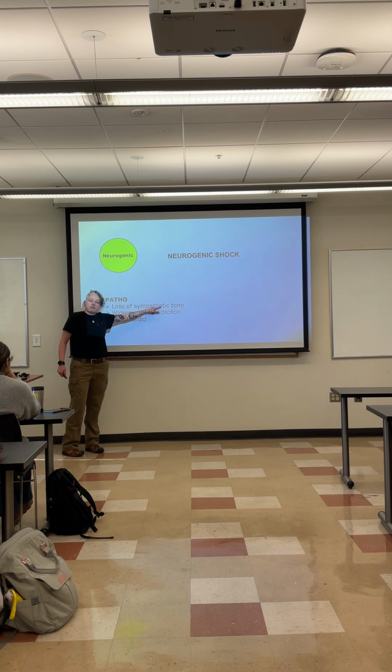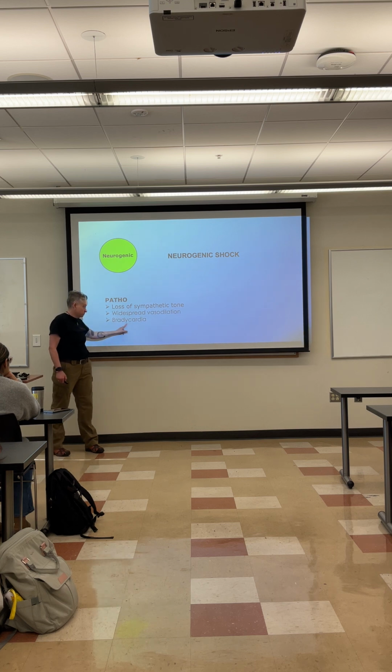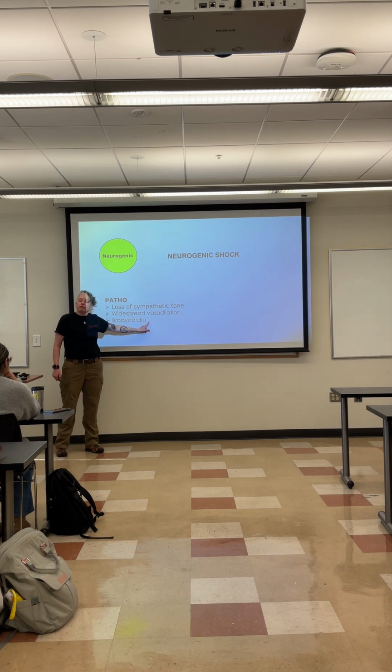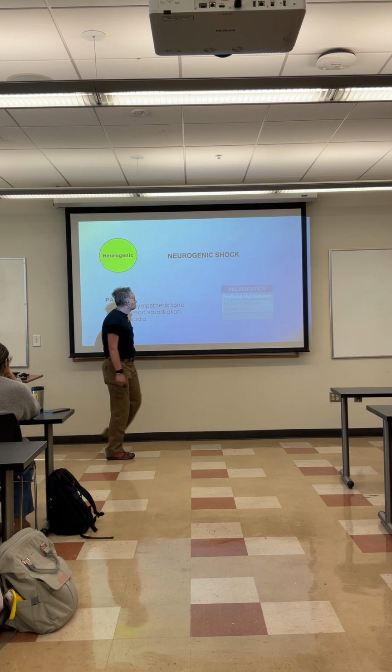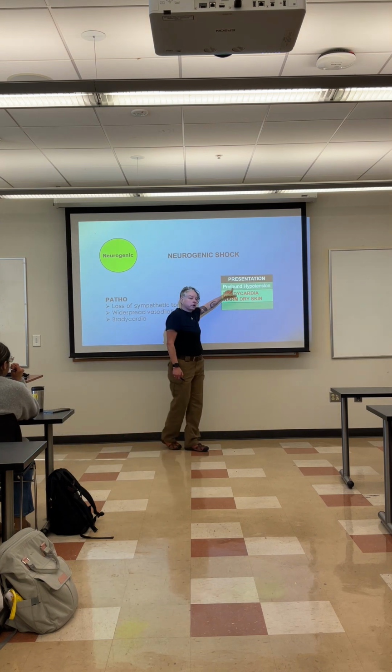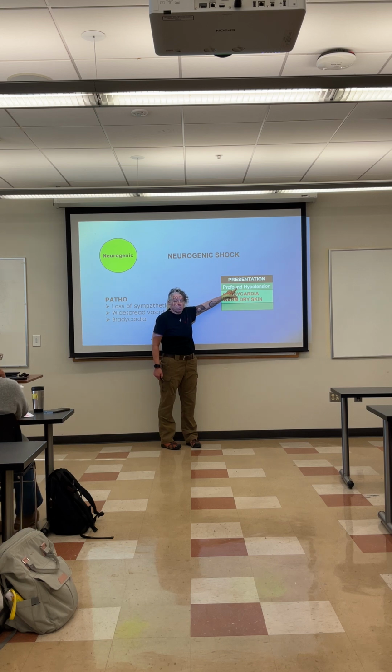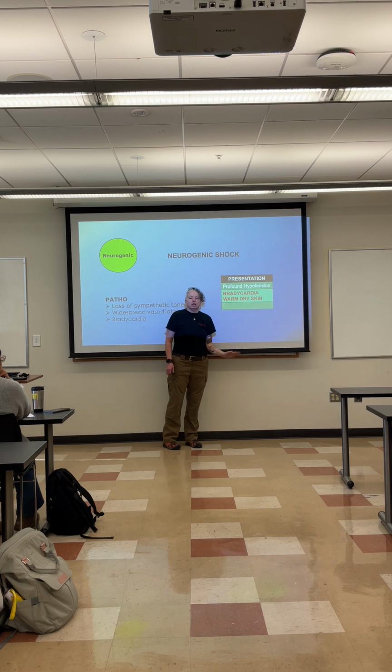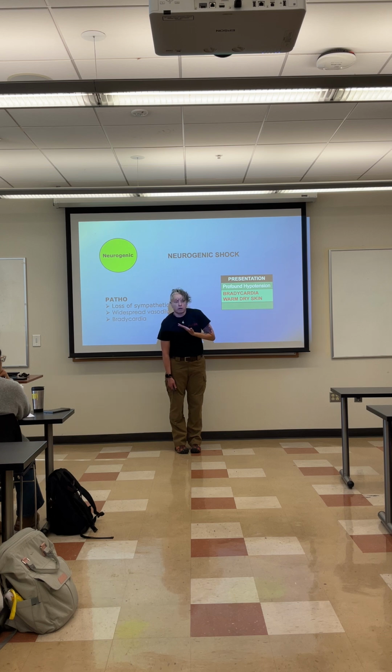So if this is fight or flight and tachycardia and the parasympathetic has taken over, what happens? It's everything opposite from fight or flight. Guys, I cannot tell you how profound, and this is real world, how profound that hypotension is. Bradycardia, and they might have warm, dry skin up here and cool skin down here.